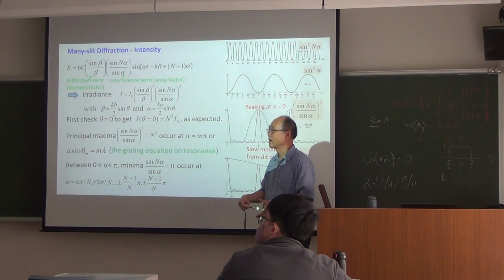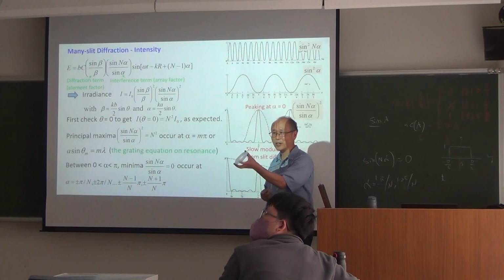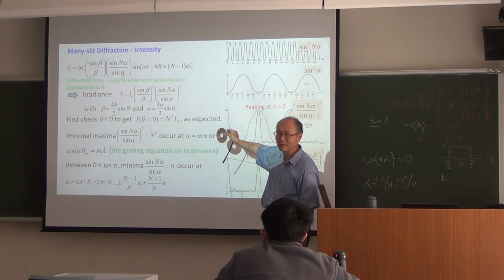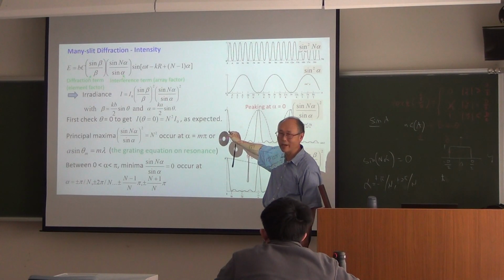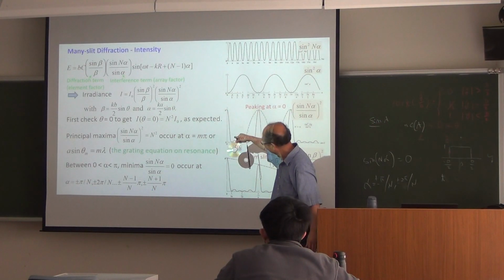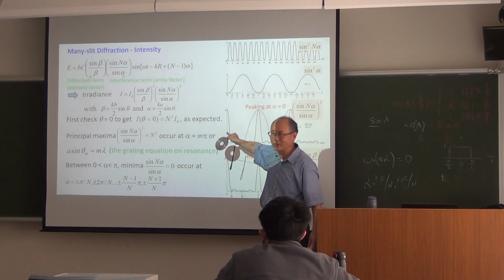That is because you have arrays of apertures on this, and that is why you see a lot of different wavelengths. You separate the white light into colorful lights, because different wavelengths will have constructive interference along different directions. Okay, and that's why you see the different colors along different angles from this.